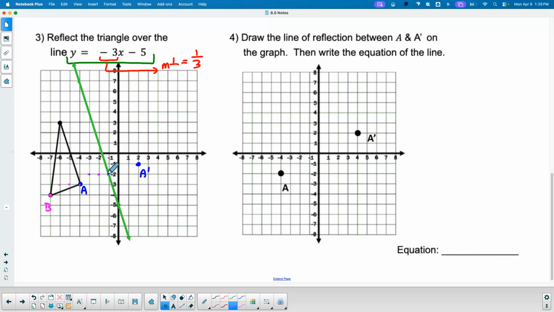It took me 2 to get to the line, 1, 2, to get past it. Took me 1 slope to get there, so it'd be 1 more to get past it.